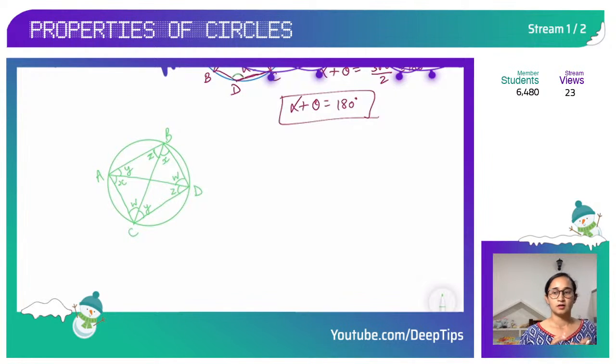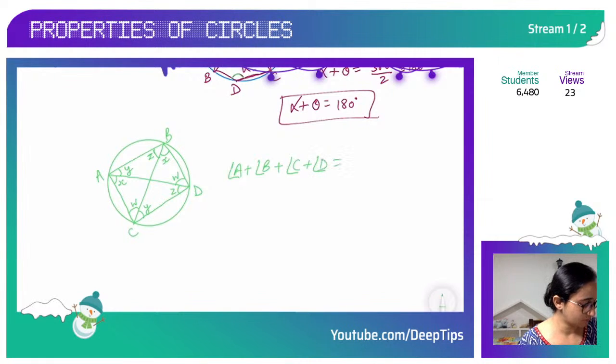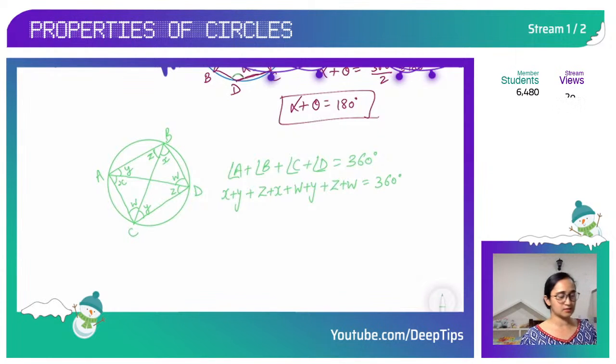Now we know the angle sum property of a quadrilateral: angle A plus B plus C plus D is equal to 360 degrees. Angle A is X plus Y, angle B is Z plus X, angle C is W plus Y, and angle D is Z plus W. So these all are equal to 360 degrees.